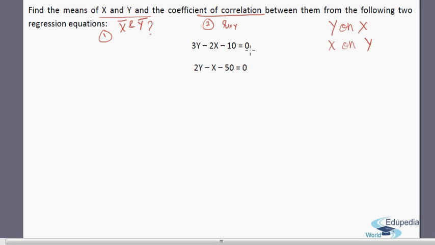Okay, if this is for y on x, it will remain for y on x, and if this is for x on y, it will remain as x on y. We do not know, so the only way is we'll have to assume and go by way of trial and error. If it works, fine, otherwise we'll have to reverse the assumption and pick the other one. So let's assume that the first equation is y depending on x.